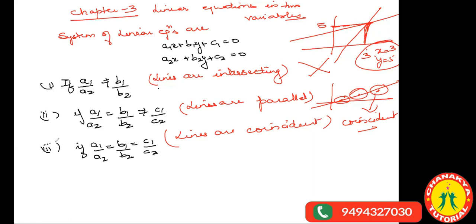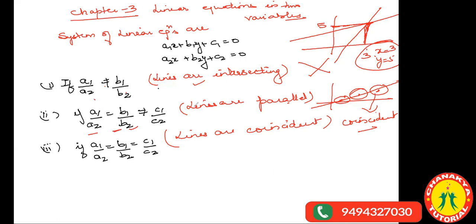Okay, let's clear this with the examples. Please note it down. If lines are intersecting, then this condition will be there: A1 upon A2 is not equal to B1 by B2. And if the first two ratios are equal, then lines are parallel.